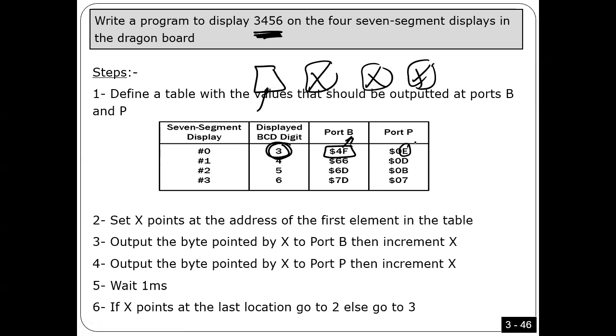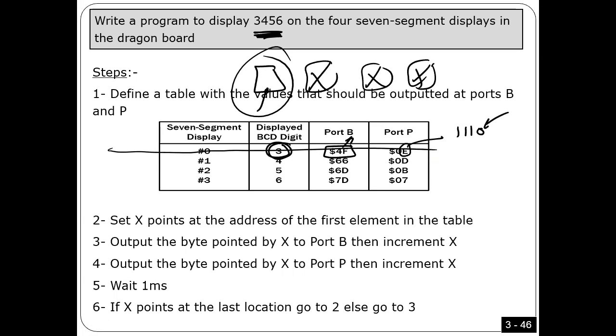Because E is 0, 1, 1, 1, and we have here, this is E. That means you are going to enable this first one. All I'm going to do is make a loop.